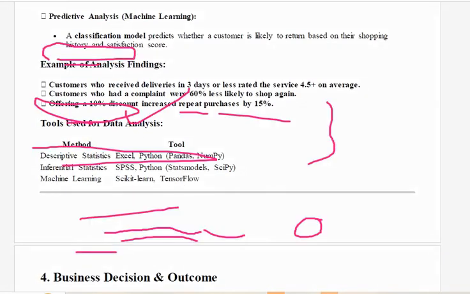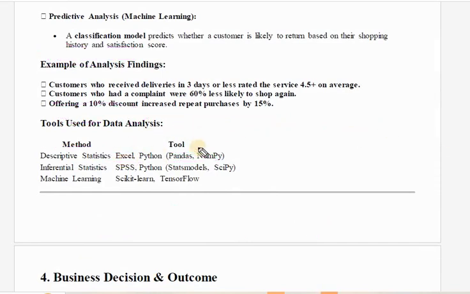The tools they would use include NumPy, Pandas, and TensorFlow, for dealing with different kinds of data. This is all about analyzing data.